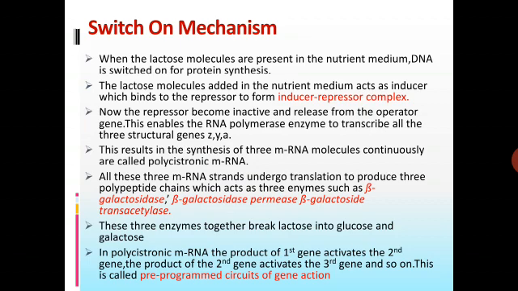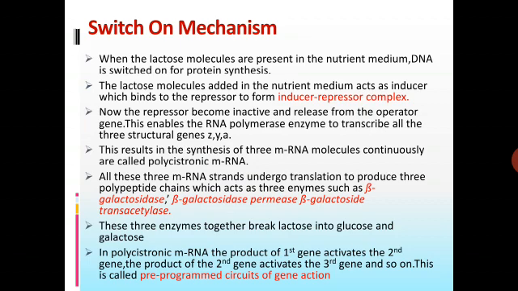All these 3 mRNA strands undergo translation to produce 3 polypeptide chains which act as 3 enzymes: beta-galactosidase, permease and galactoside transacetylase. These 3 enzymes together break lactose into glucose and galactose.